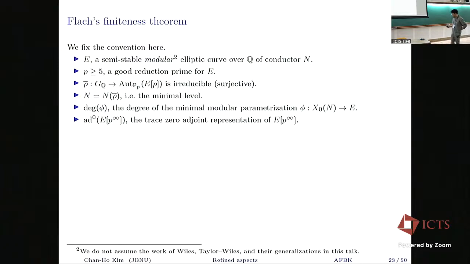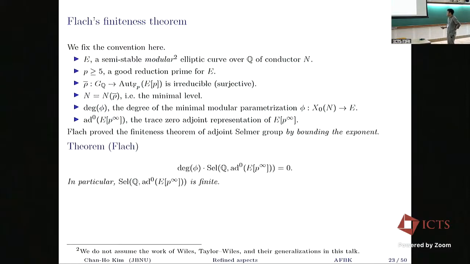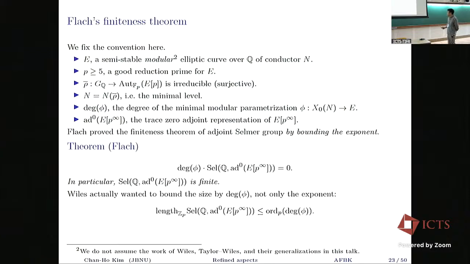This is the discrete one. Flach proved that if you have the adjoint Selmer group and multiply by the degree of phi, you get 0. So in particular, this Selmer group is finite. But what Wiles actually wanted to bound was a result of this type: the actual length is smaller than the valuation of the degree of phi.